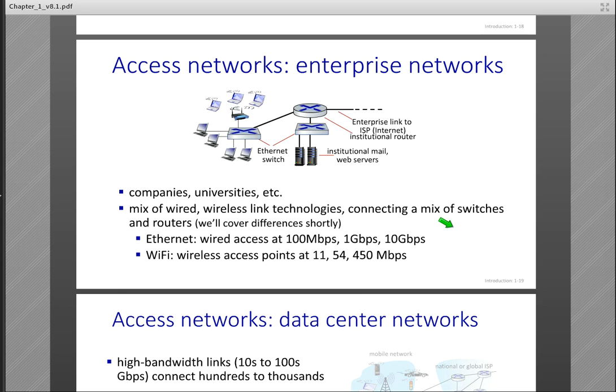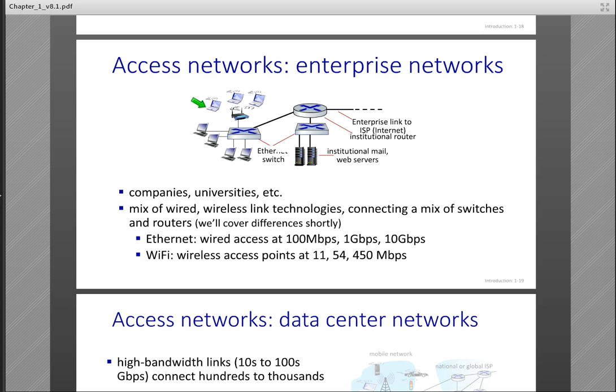In an enterprise, we have several types of LANs, local area networks, a mixture of wired and wireless networking technologies, different types of switches, and something like that.